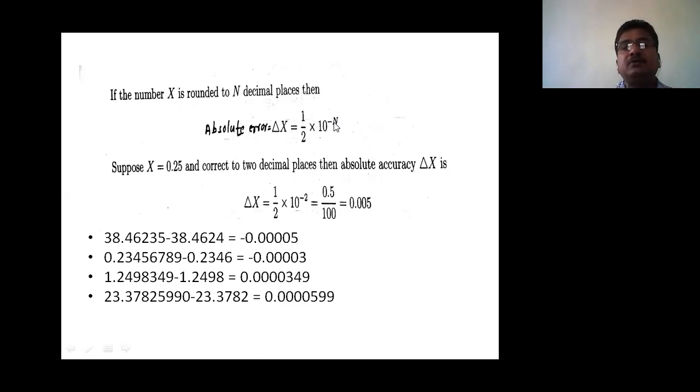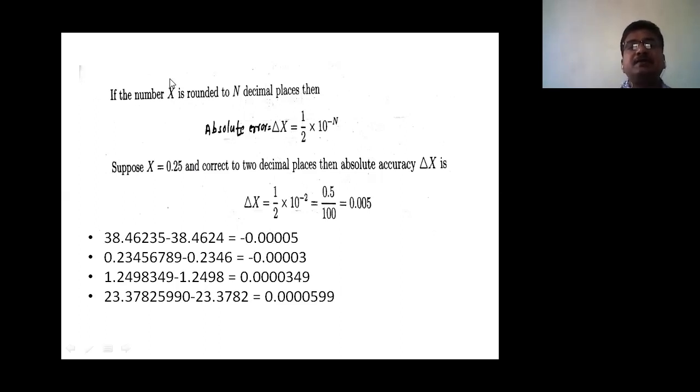That is 0.5 into 10 raised to minus 4, which means we have the answer 0.0000 and after the point we have 5 and something. Okay, that is the upper limit of absolute error or error if the number is rounded to 4 decimal places.